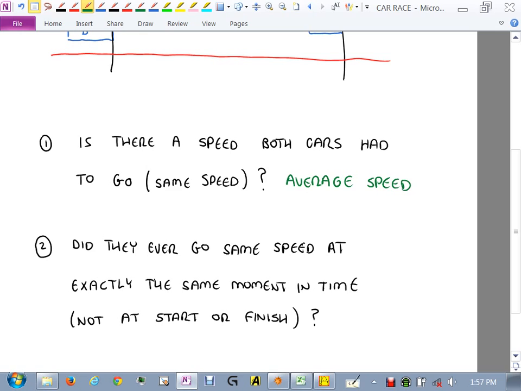All right. Number two, did they ever go the same speed at exactly the same moment in time? So think about this. You're racing each other, right? Was there ever a moment in time that you look at the speedometer in both cars and it's exactly the same speed at the exact same moment in time, not at the beginning of the race and not at the end of the race? Think about it.